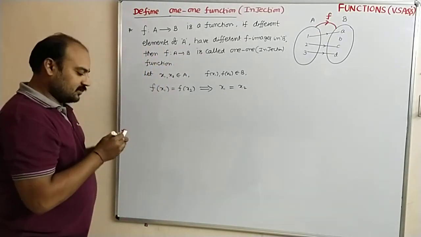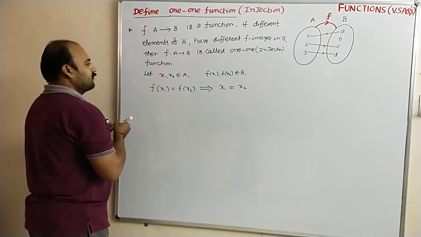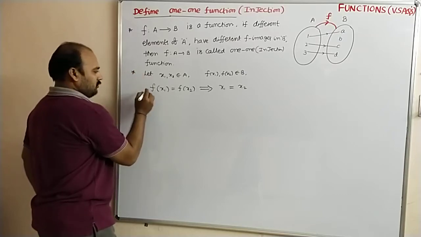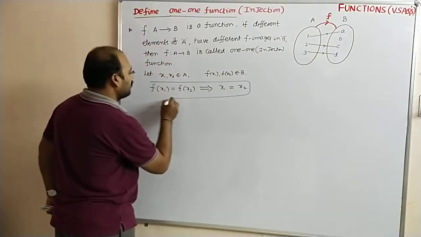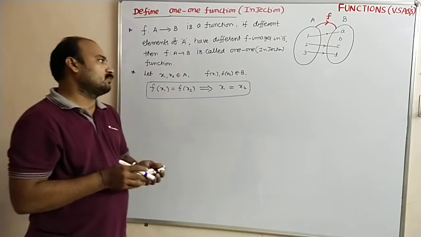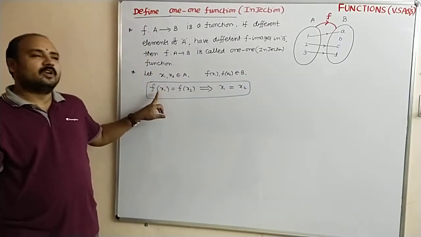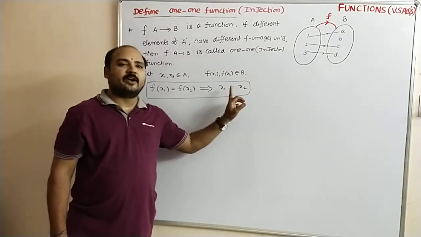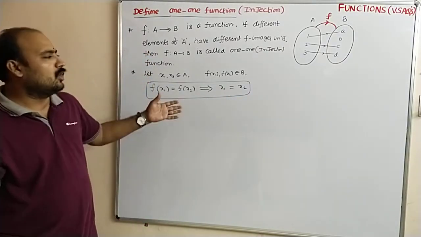This is the definition of a one-one function. Even we can represent it like this also: for all x1, x2 belonging to A, and f of x1, f of x2 belonging to B, different images imply different elements. That only we need.